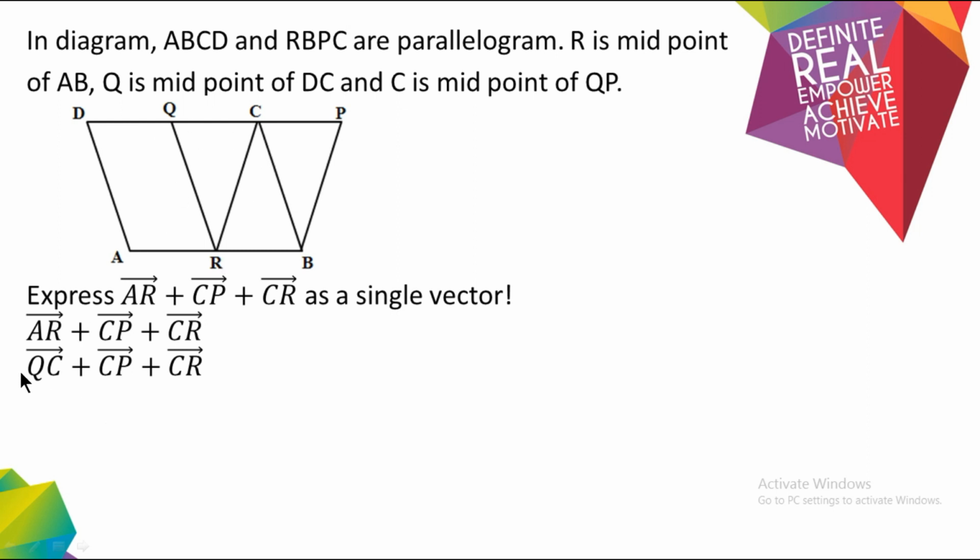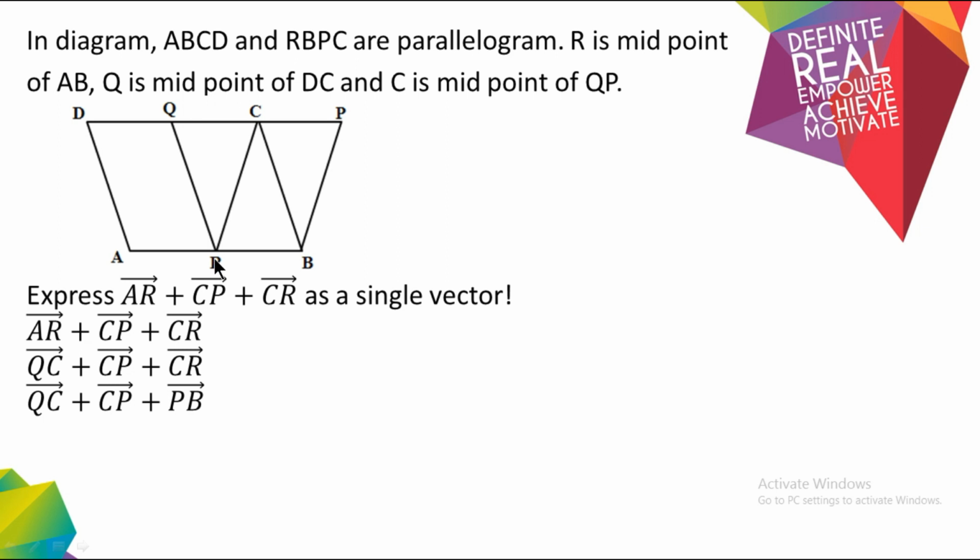So it becomes QC plus CP plus CR. Next, we can write it as QC plus CP plus PB, substituting CR with PB because CR equals PB.